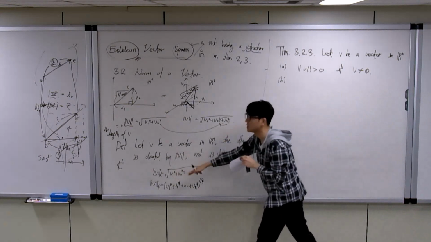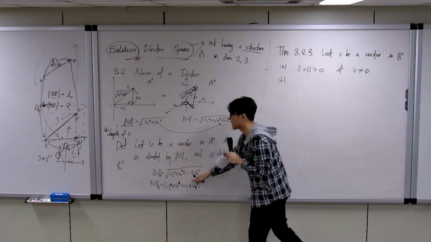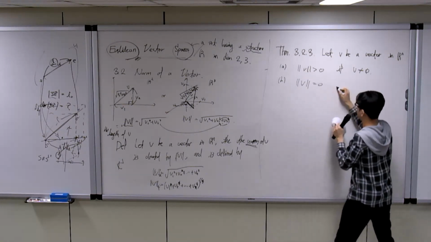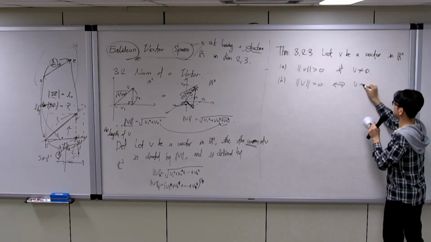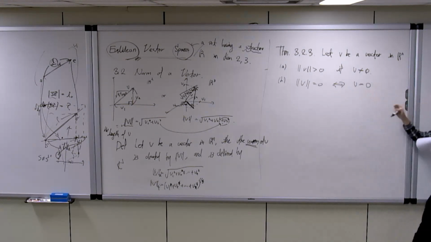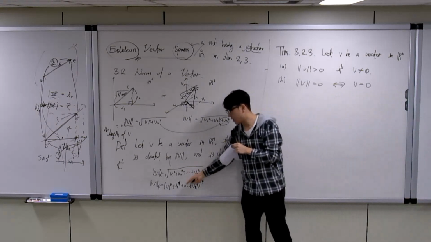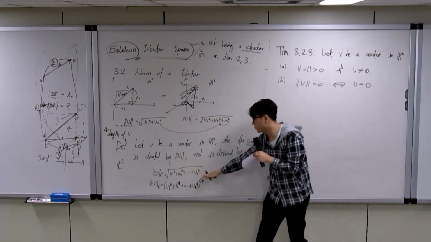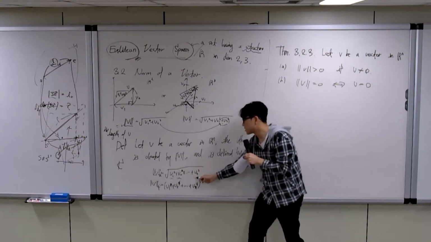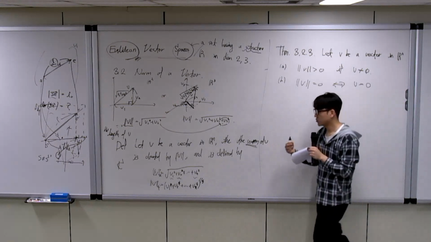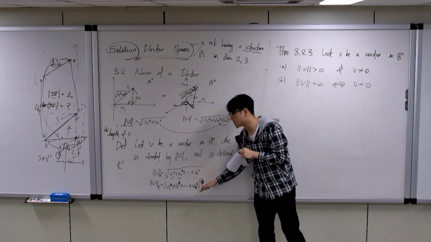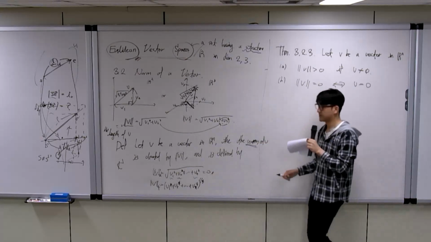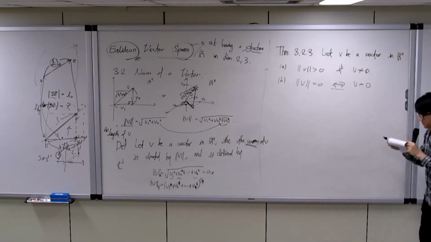Of course, we define the 0 vector as having 0 entries in each component. So if the vector v is 0, then its norm is 0, and conversely, by considering the definition of norm, if its value is 0, then every component should be 0. So it has an if and only if property.